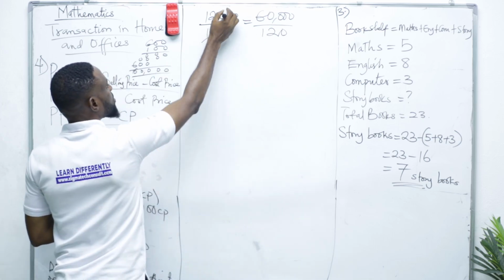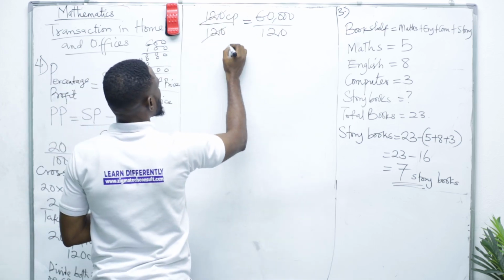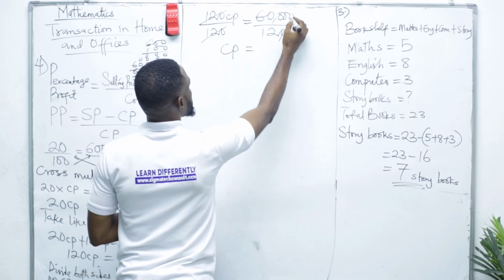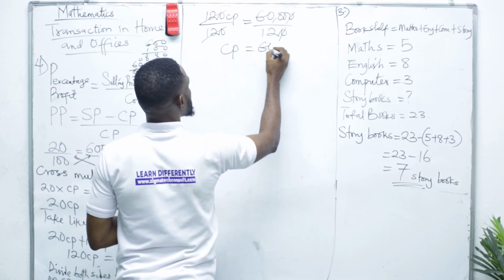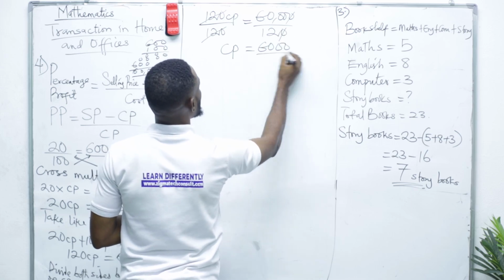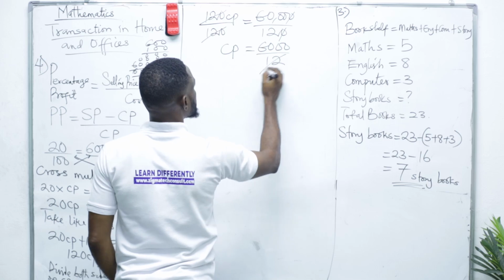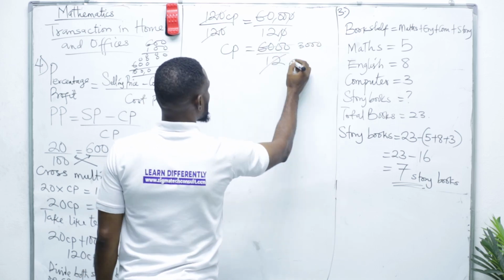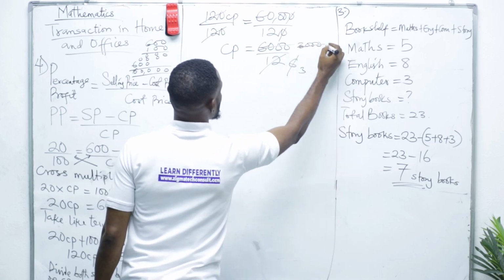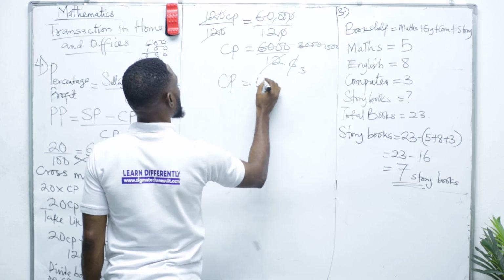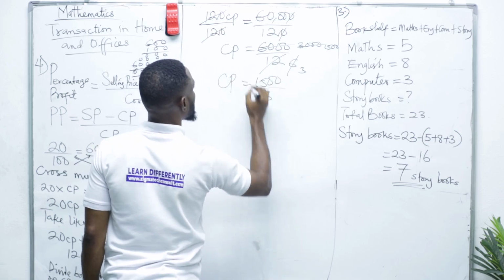So CP is equal to 60 over 12, and dividing by 2, 6 becomes 3, and again by 2, we have 1,500 over 3.